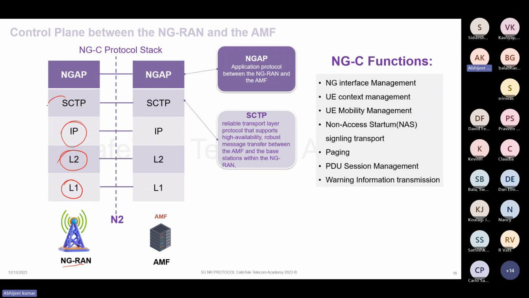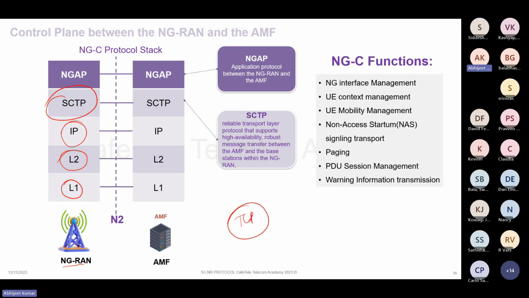Then we have SCTP, the Stream Control Transmission Protocol. This transmission protocol offers higher signaling transmission reliability, better real-time performance, and multi-homing capability. This is the reason we are using SCTP, not TCP.